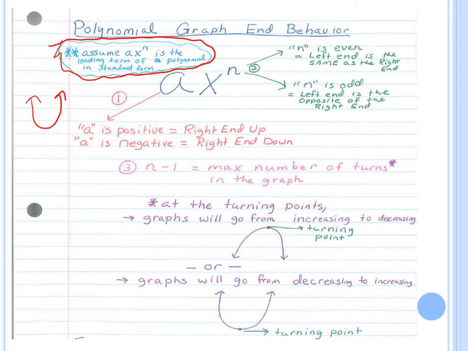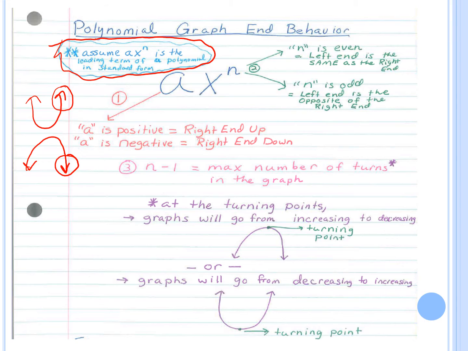So if we just look at the right end behavior, the right end is pointing up. If a was negative, that meant my parabola opened down. But again, just looking at the right end behavior, the right end was pointed down. So if a is positive, your right end is going to be pointing up. If a is negative, your right end is going to be pointing down.